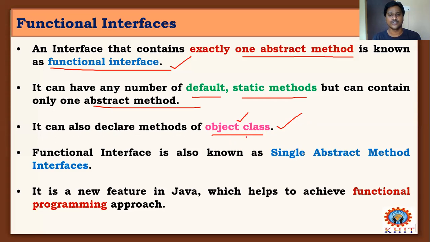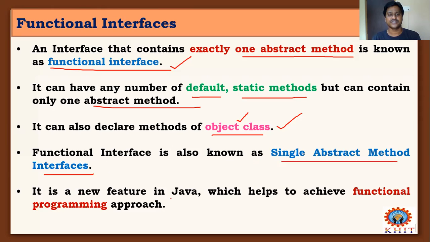So if this Object class contains some predefined methods, those you can also declare in the interfaces, even though that is a functional interface. And a functional interface is also known as a single abstract method interface. That is true.